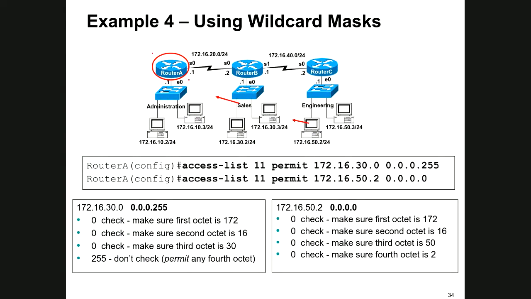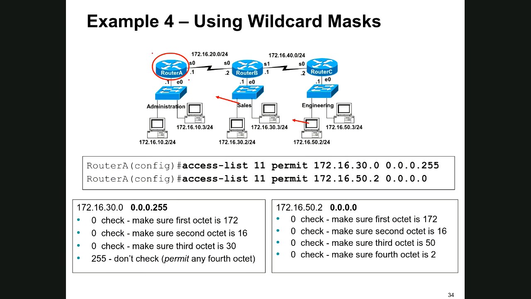Now let's look at the second line. Access list 11 permit 172.16.50.2 0.0.0.0. Well, 50.2 is the IP address of the chief of the engineering department. The business requirement is that only he can exit the network and go to the server in the admin department. So 0.0.0.0 means must match exactly.